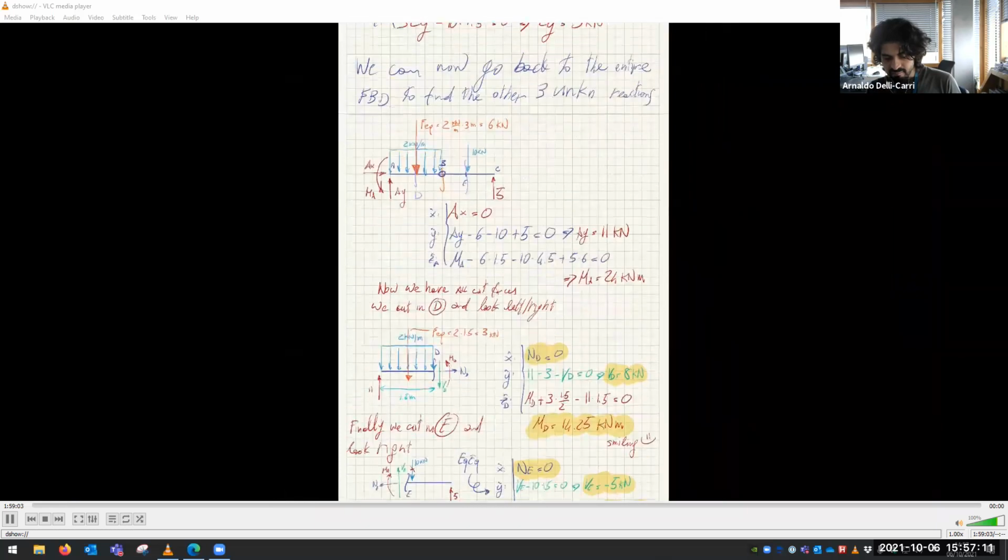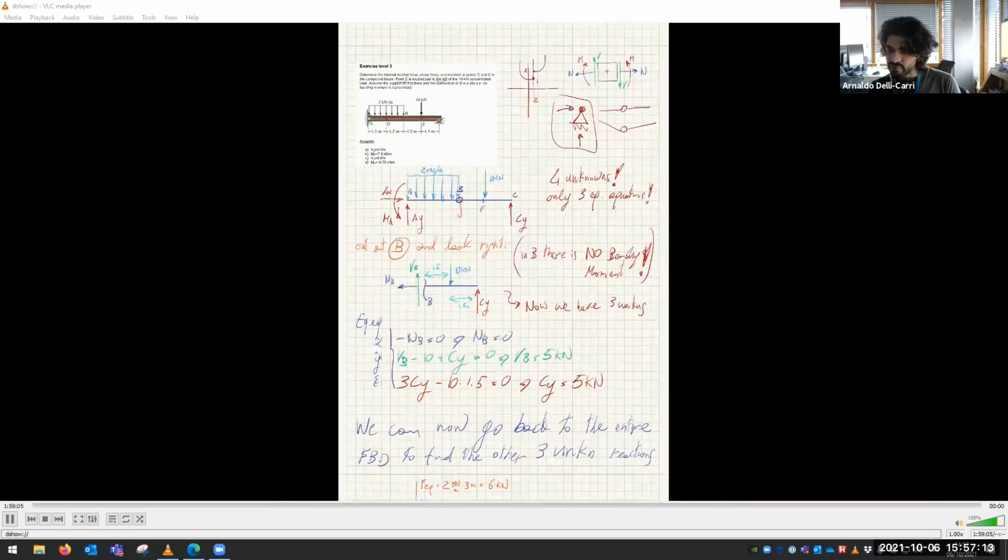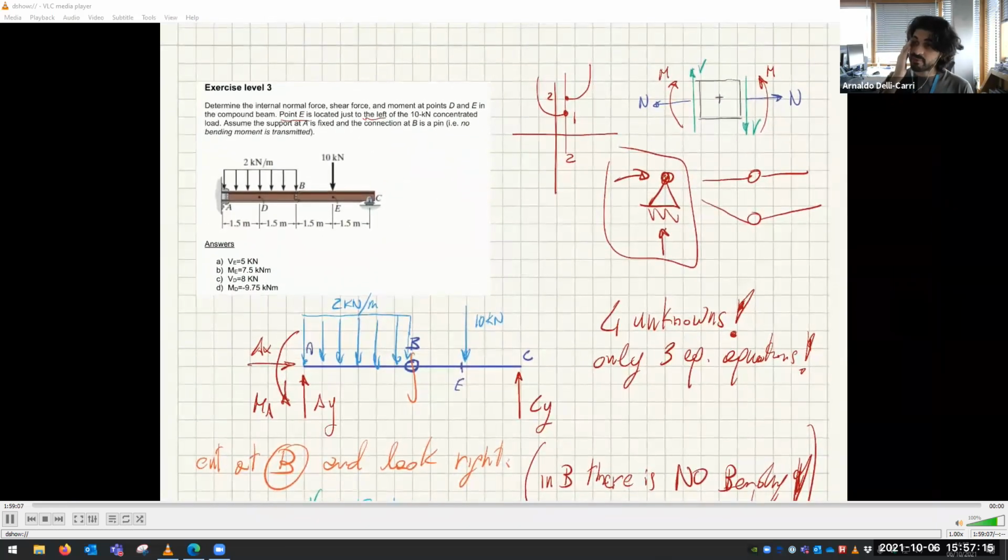So this one, the level 3 exercise, was a bit more complicated. You had to think about it a bit, but nothing impossible. You also have to remember some previous knowledge about the equivalent loads and how to treat distributed loads as well. Okay. Any questions? No questions? All good? I'm waiting for you in the chat.